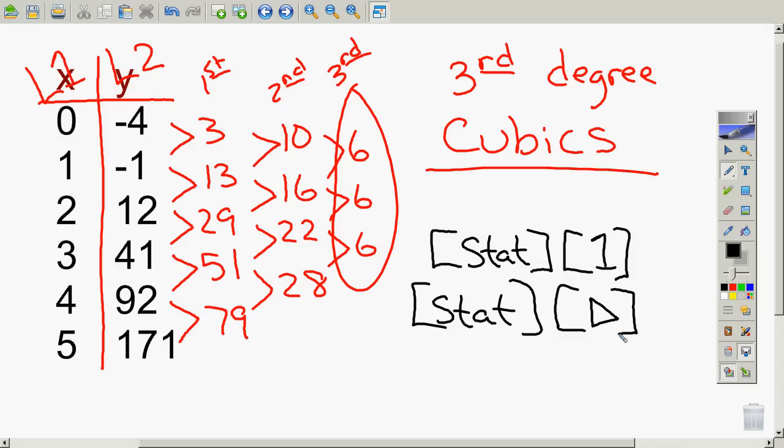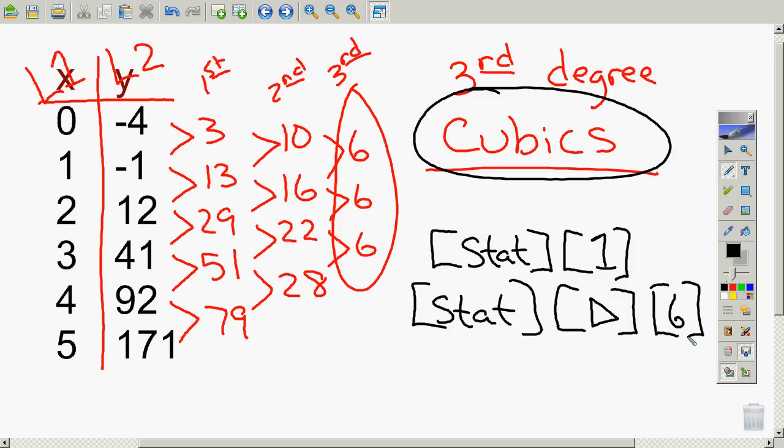And once we've arrowed over then, this is a cubic. So we need to find cubic regression, which is number 6. Once you've done that, it will say cubic regression on your screen. You need to hit the enter button to get our very last screen here.